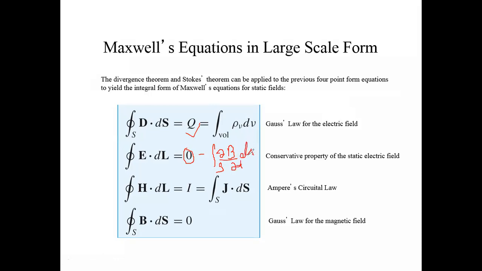Yes or no? Yes, sir. And what change will be here? J dot dS plus the surface integral of J_d dot dS, the displacement current. Yes or no? Yes, sir.